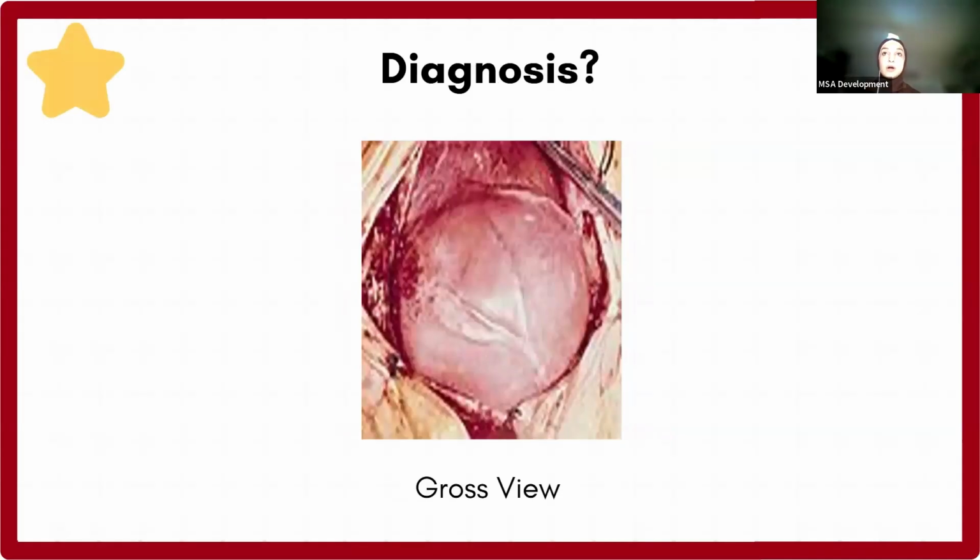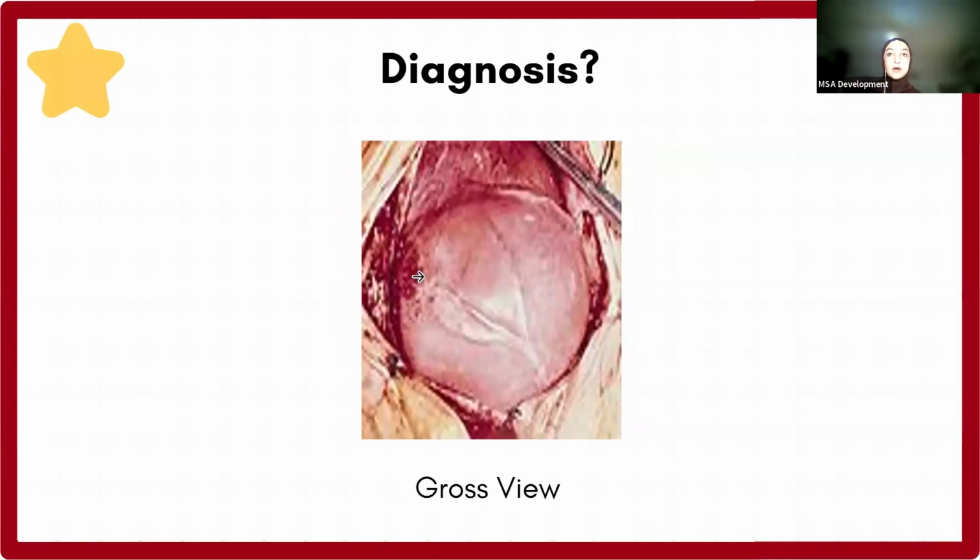Now, another disease that mostly occurs in children is this one. Does anyone have any idea? Exactly, it's rhabdomyoma. Rhabdomyoma mostly involves the ventricles, as compared to the other one, which usually involves the atria.